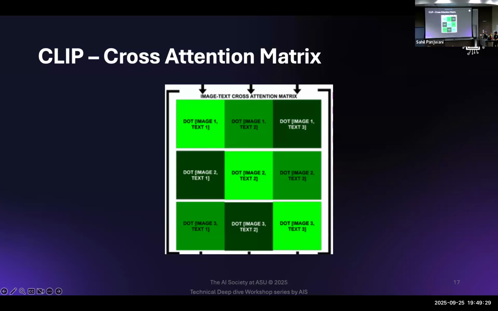The ideal outcome is that the correct pairs, a cat with a cat caption, a dog with a dog caption, and so on, appear on the diagonal that you see. Each of them should have the highest similarity scores compared to the off-diagonals, which represent, for example, a cat image with a dog caption.